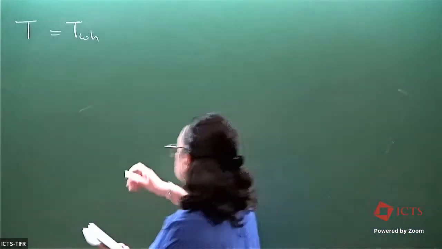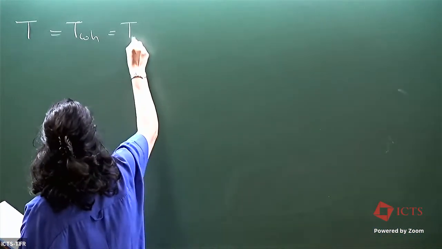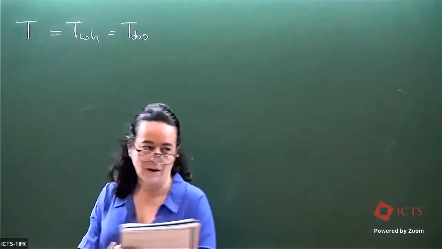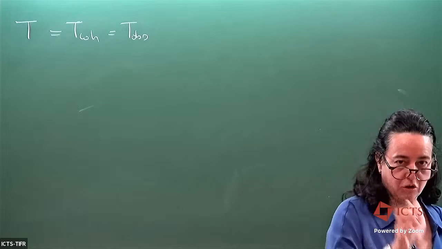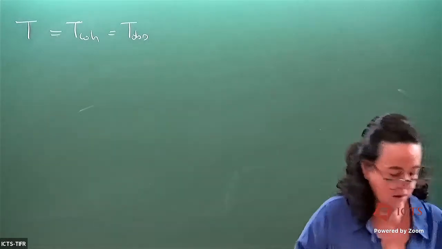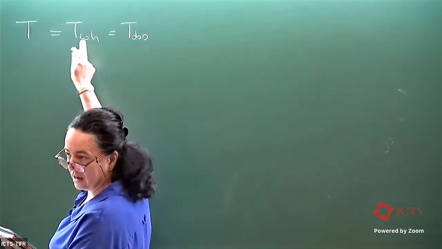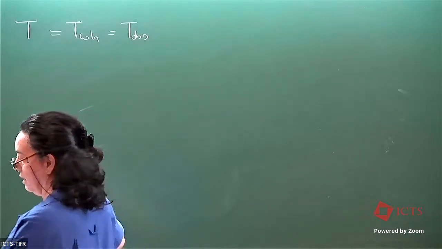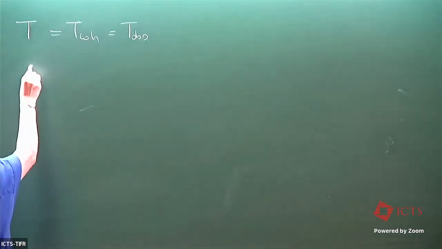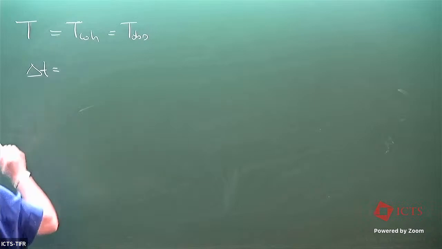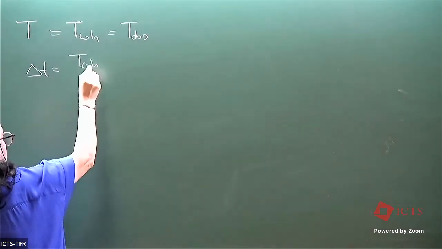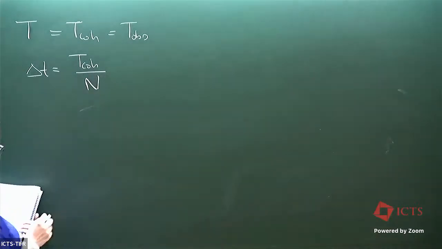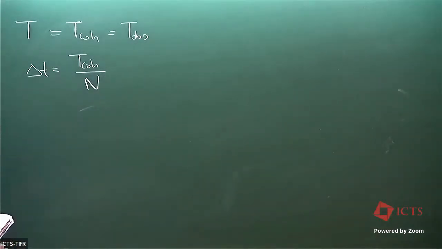And sometimes, not always, you will see me writing T obs, that is the total time of the observation. Not necessarily are these all the same. So basically, I use a sampling duration that is the total coherent time divided by this number of points.